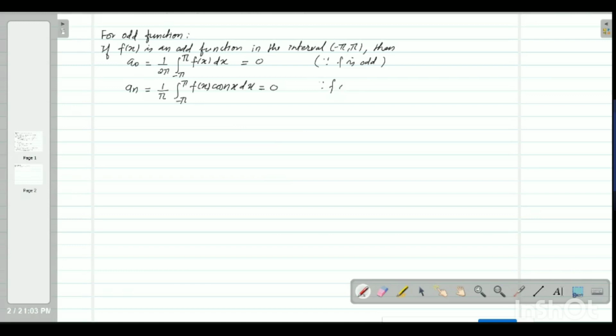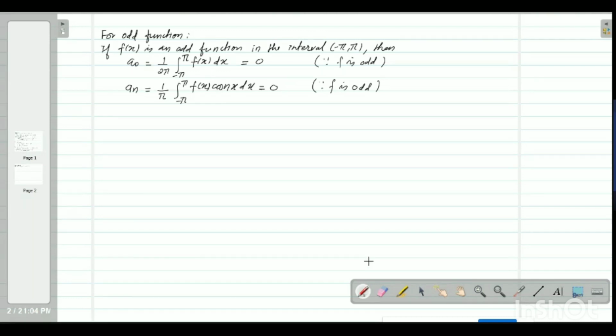Since f is an odd function but cos is an even function, this is the product of odd and even, which is an odd function. So the integral will be 0.